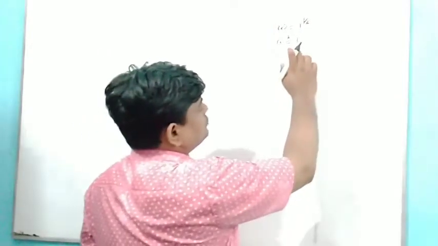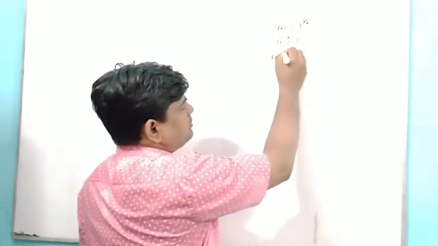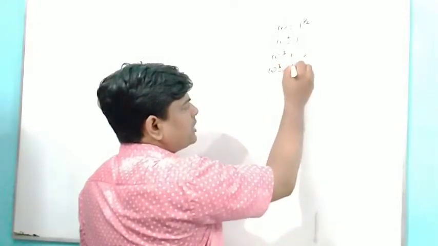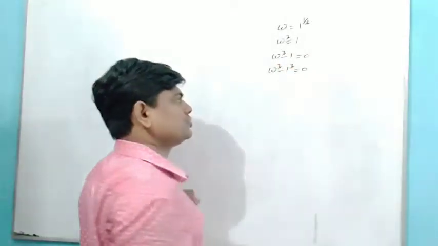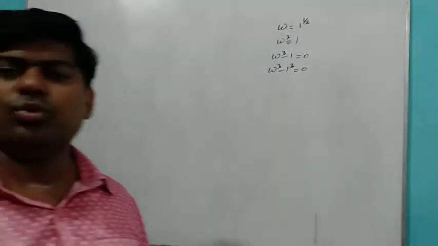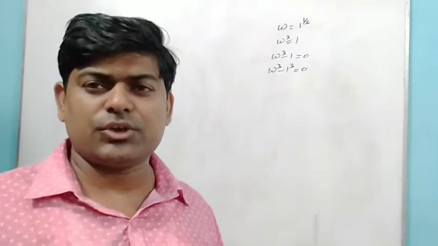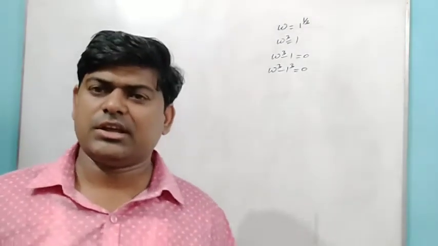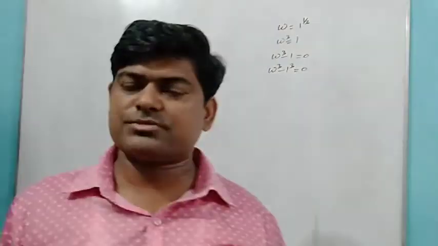Now if I am transposing this one to this side, it can be omega cube minus 1 equal to 0. It can be assumed as omega cube minus 1 cube is equal to 0. Now, in these two, may I use a cube minus b cube? If you remember, the formula was there that a cube minus b cube can be written as a minus b in the first bracket, and in the second bracket, I can write a square plus ab plus b square.